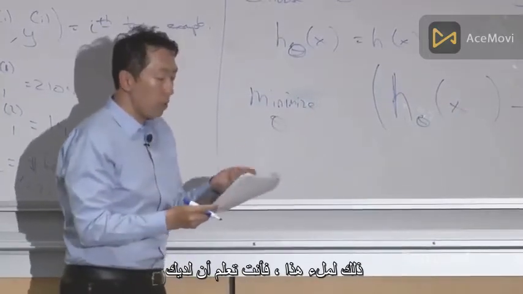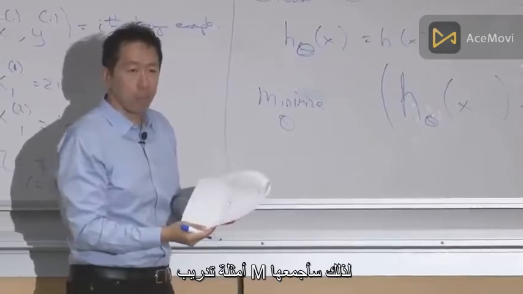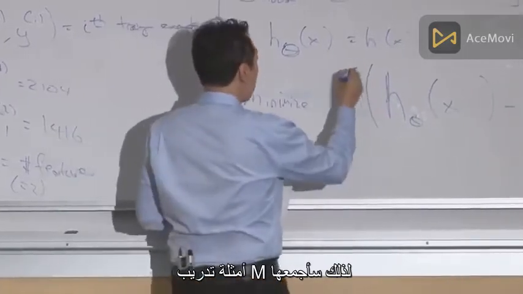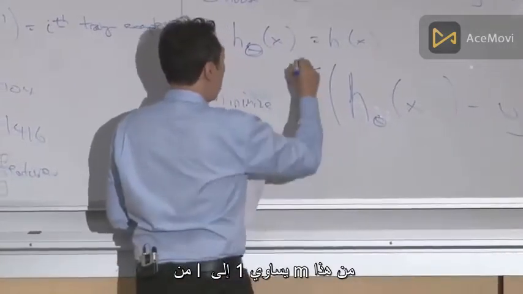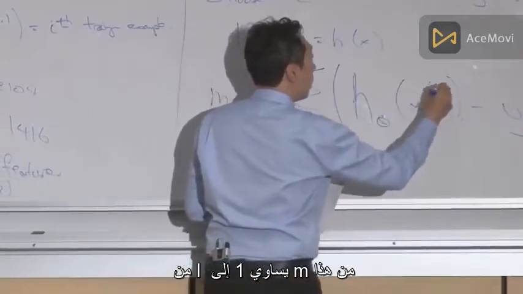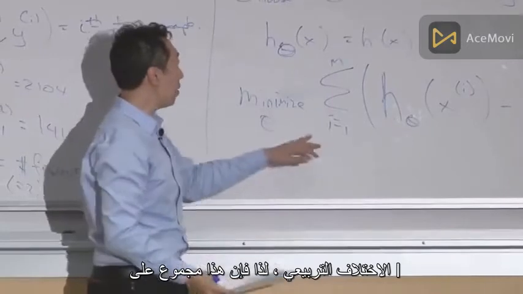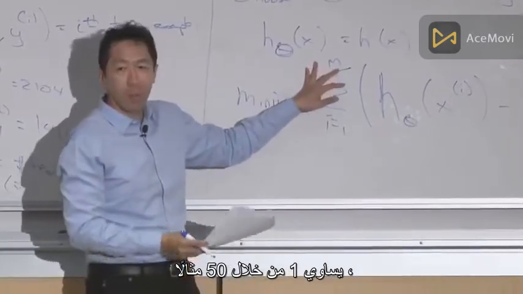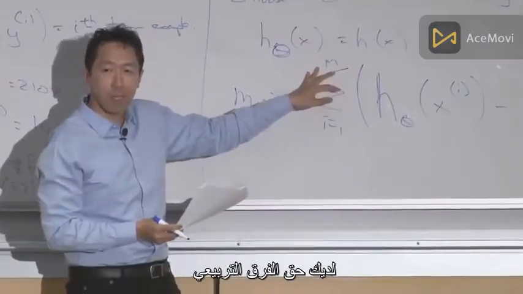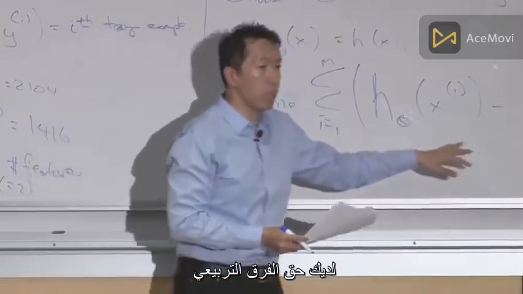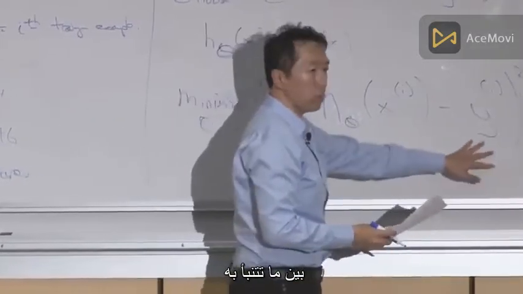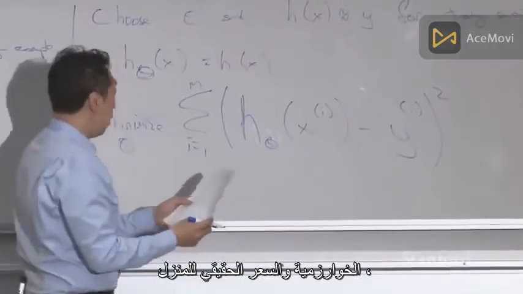To fill this out, you have m training examples, so I'm going to sum from i equals 1 through m of that squared difference. So this is the sum over i equals 1 through all, say, 50 examples you have, of the squared difference between what your algorithm predicts and what the true price of the house is.